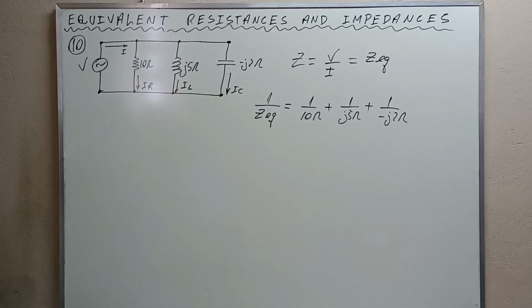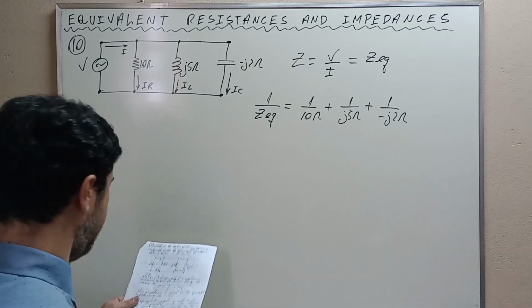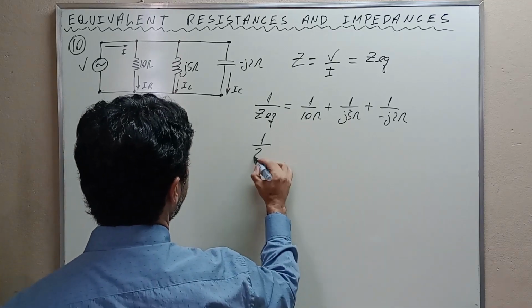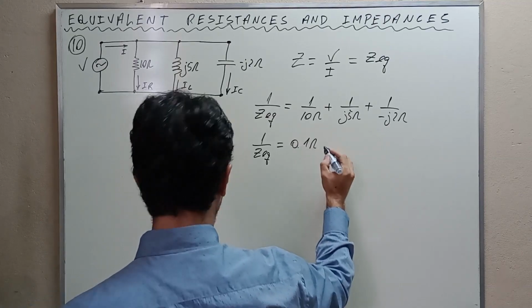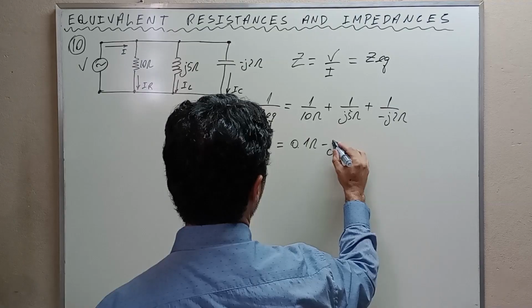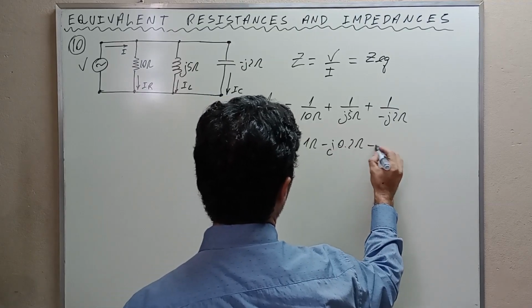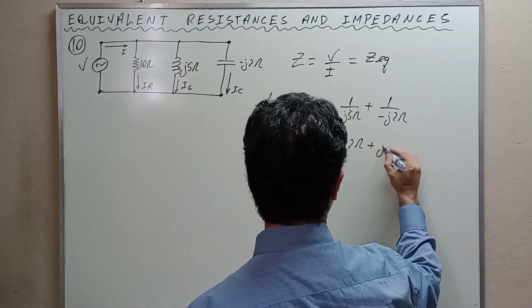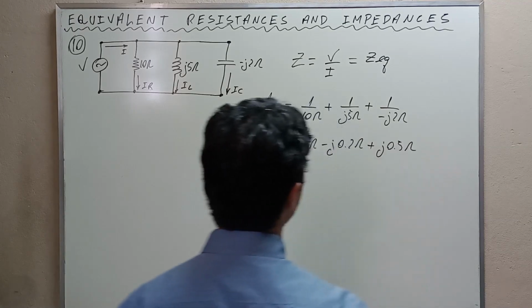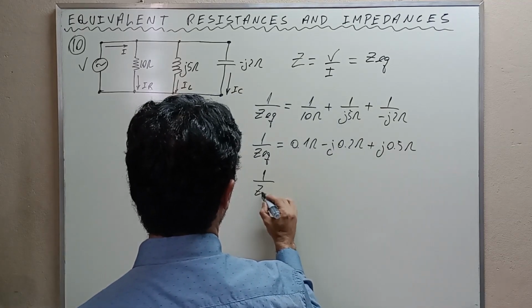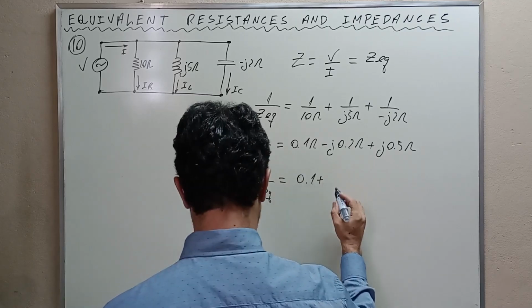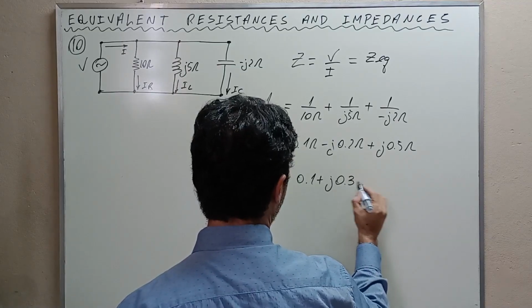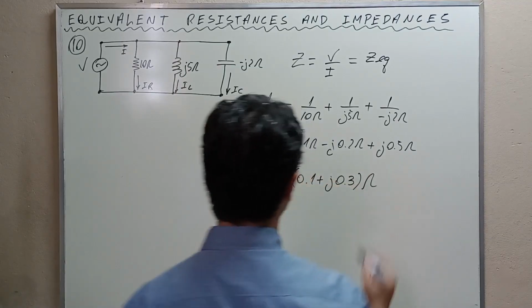We can simply calculate, and we find that if we carry out this division, 1 over Z equivalent is equal to 0.1 ohms minus J 0.2 ohms plus J 0.5 ohms, and this is equal to 0.1 plus J 0.3 ohms.